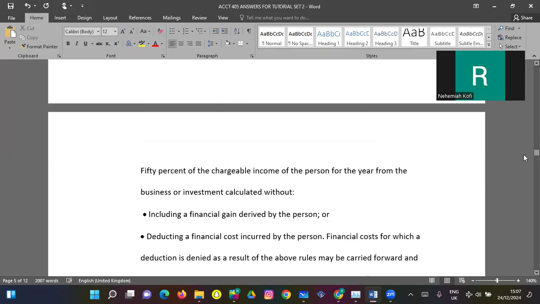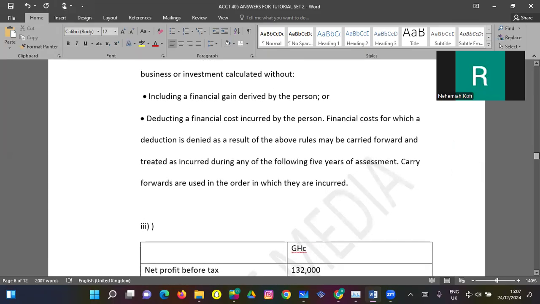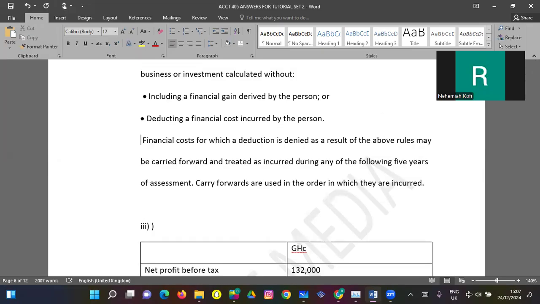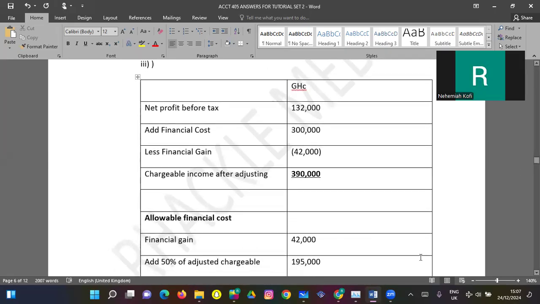This is basically the adjusted chargeable income. We will talk about this normally. Financial cost for which a deduction is denied as a result of the above rules may be carried forward and treated as incurred during any of the following 5 years of assessment. They are carried in order when they are incurred.